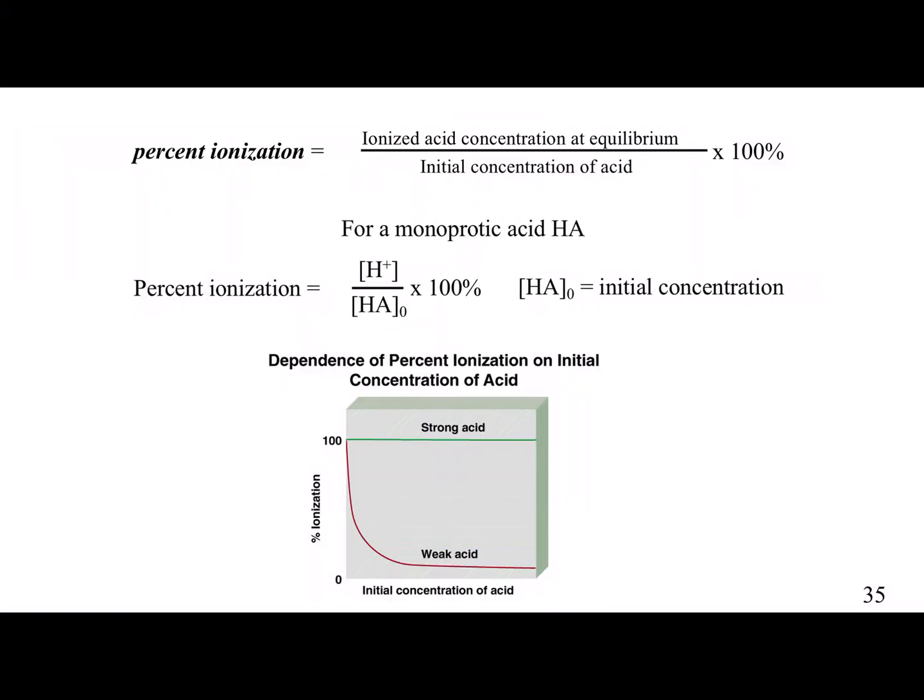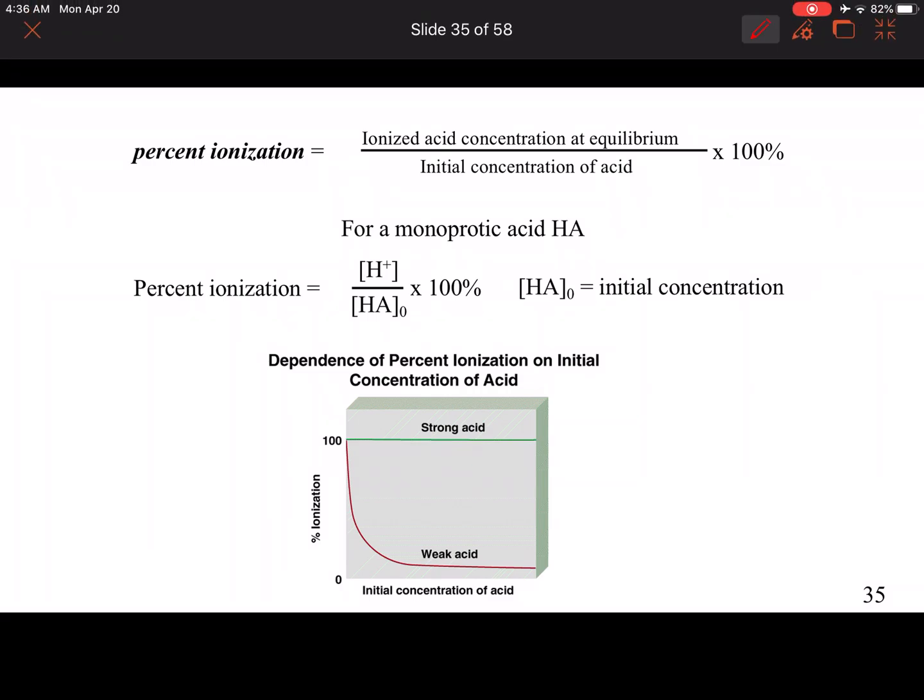All right, so that's it for percent ionization. And this is the graph that shows me that, and I do want you to keep this graph in mind. This is the percent ionization, and this is my initial concentration of the acid increasing. And look at it backwards. As my concentration decreases, and as I dilute, look at the percent ionization.